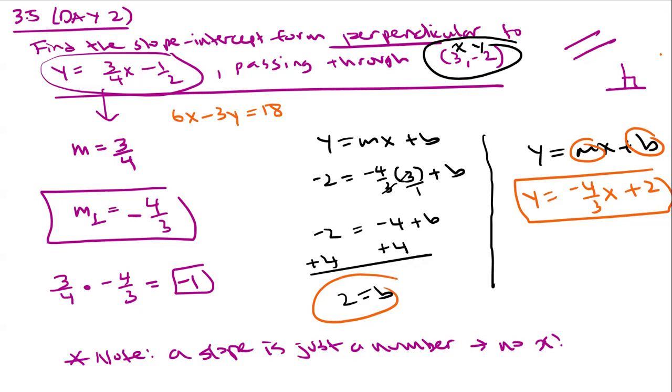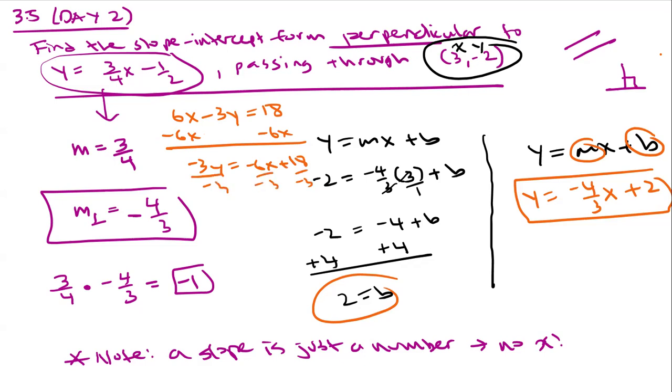Yep, we need to solve for y first. So if this is written in standard form, and we want to write it in slope-intercept form, we need to solve for y first. So that'll be minus 6x on both sides, giving -3y equals -6x plus 18. And then we divide by -3.